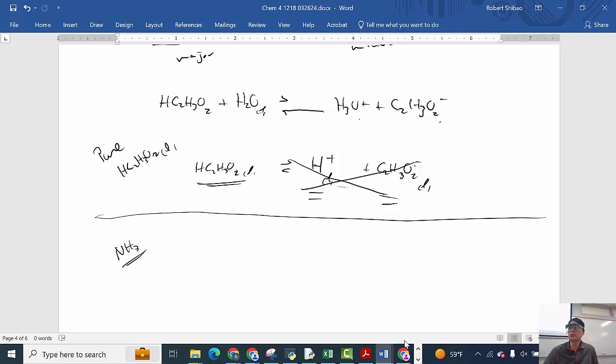Ammonia is usually considered a weak base. Weak bases are weak electrolytes. Weak electrolytes do what? They partially dissociate. But bases do not dissociate.